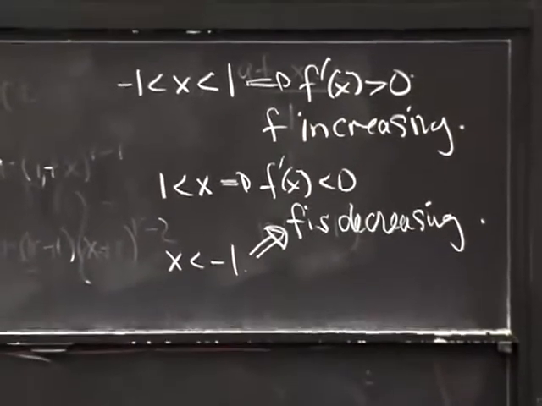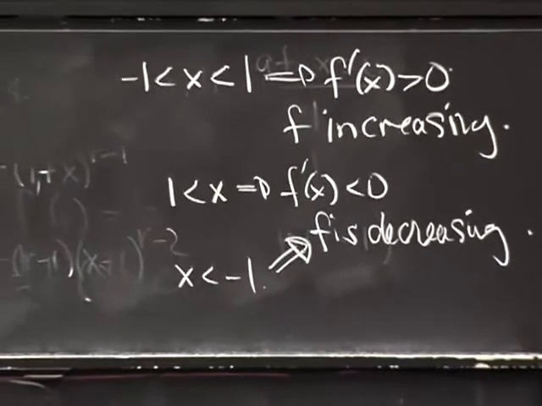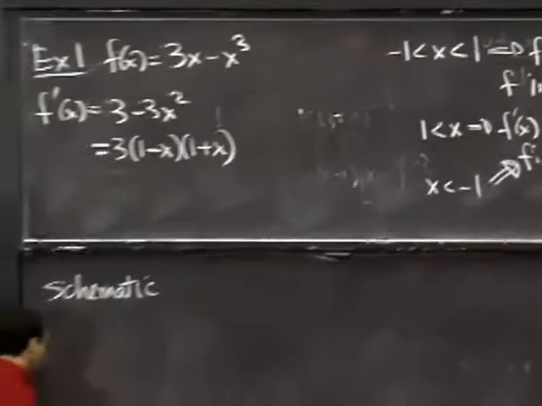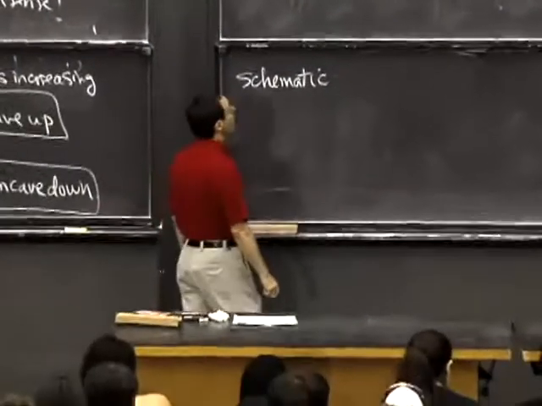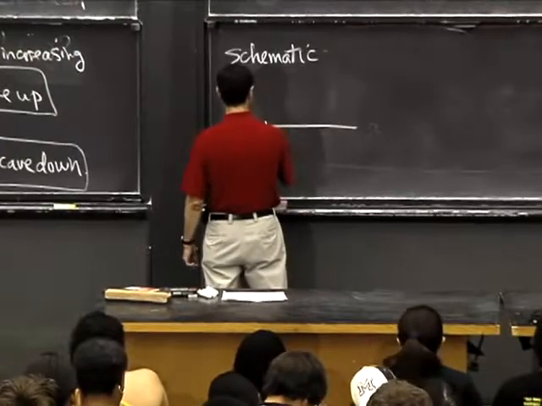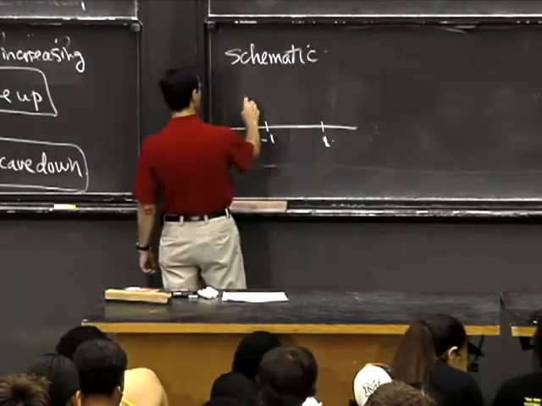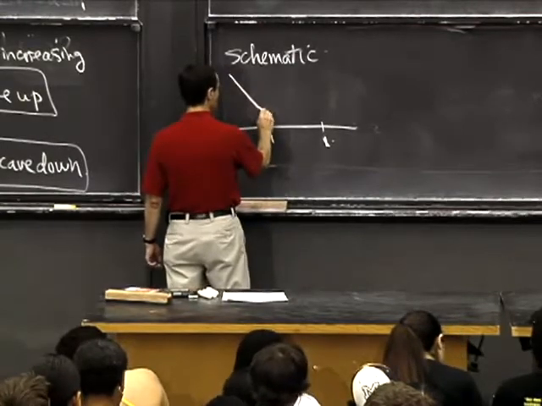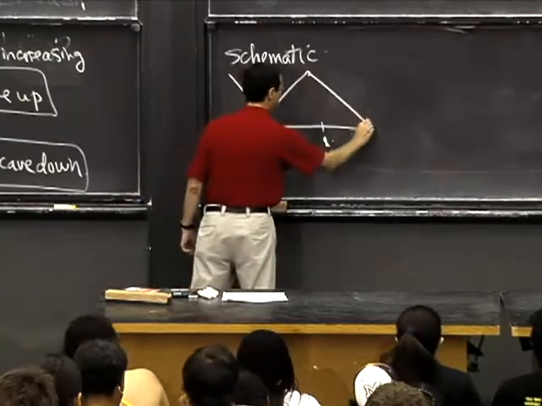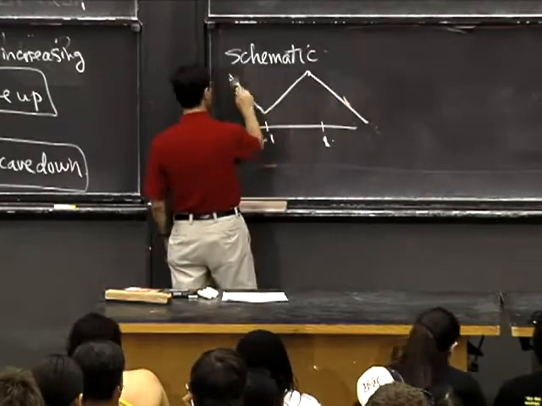So now, here's the schematic picture of this function. So here's -1, here's 1. It's going to go down, up, down. All right? That's what it's doing. All right, maybe I'll just leave it alone like this.